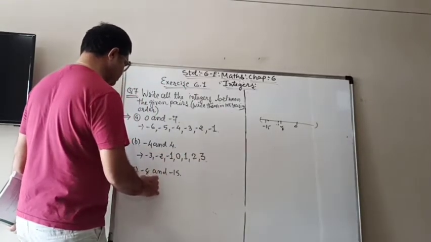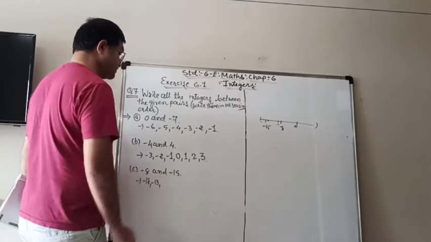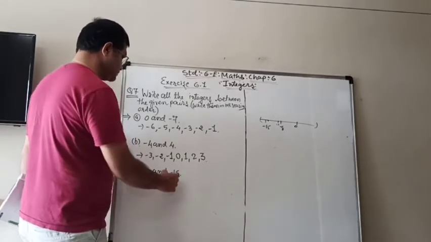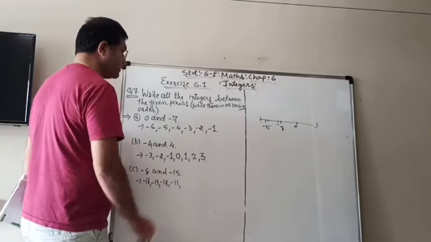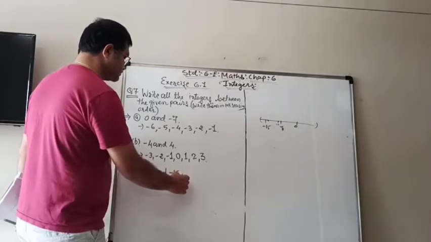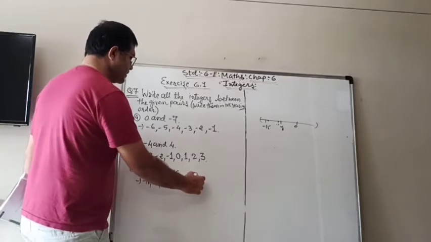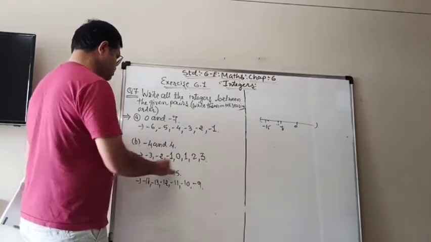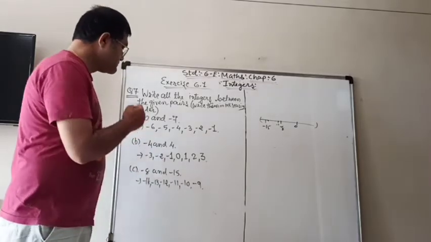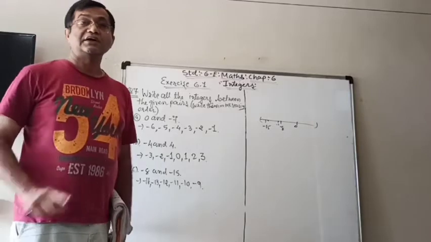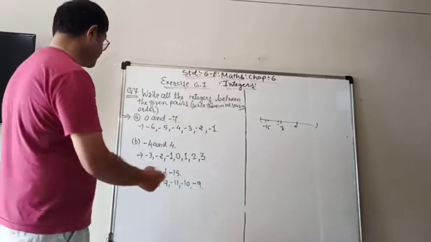So minus 14, minus 13, minus 12, minus 11, minus 10 and minus 9. Those numbers will be between minus 8 and minus 15 in the increasing order.